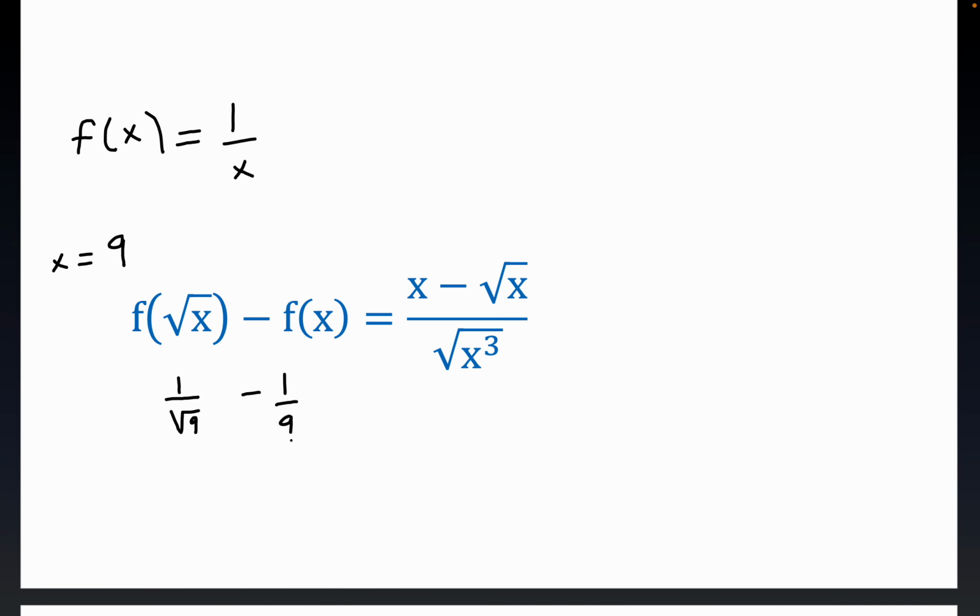And we want to know if that's equal to 9 minus the square root of 9. The square root of 9 is 3, so I can go ahead and write 3, right?